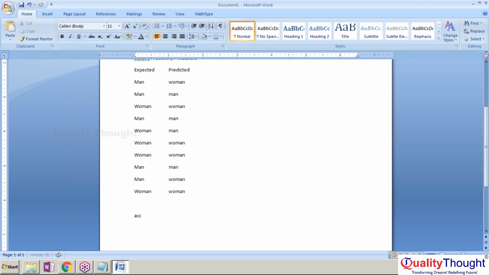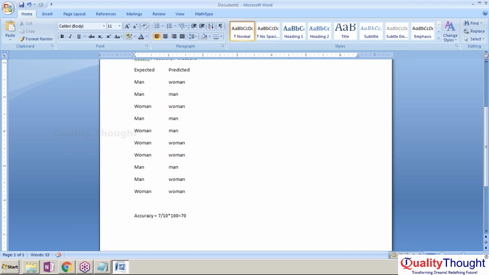So accuracy equals how many correct predictions were made? This one is correct. One, two, three, four, five, six, seven. Seven predictions are made correctly. And out of how many? 10, into 100, equal to how much? 70%. Right or wrong?